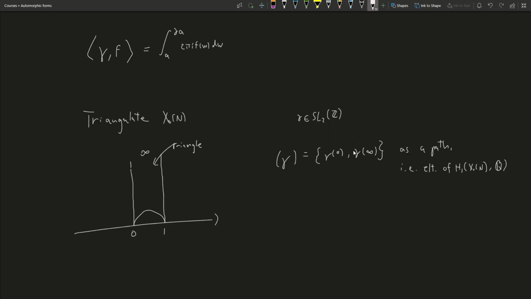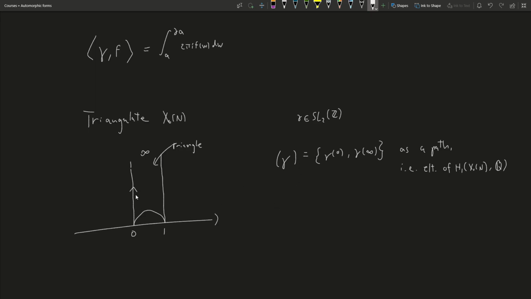So it's some element of the homology we're viewing as a path, and this is going to be the image of this segment under gamma.